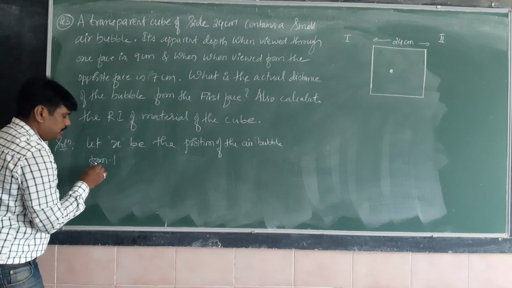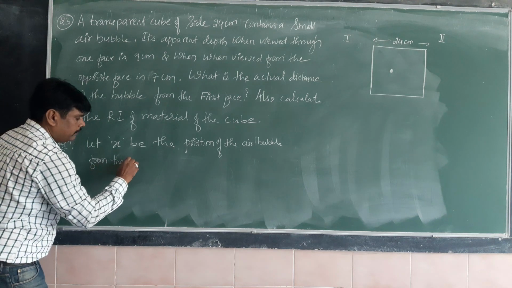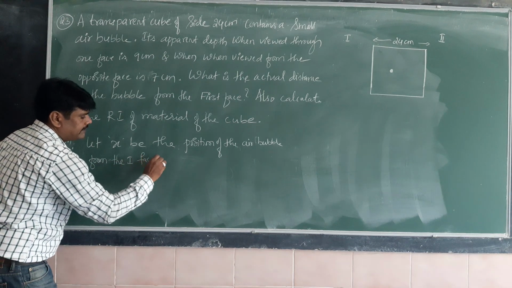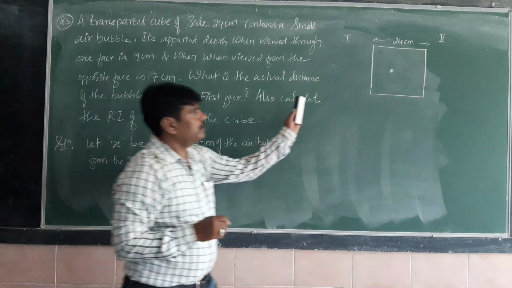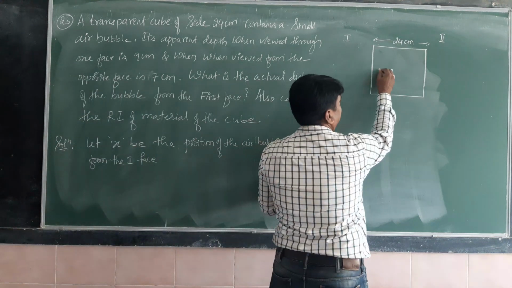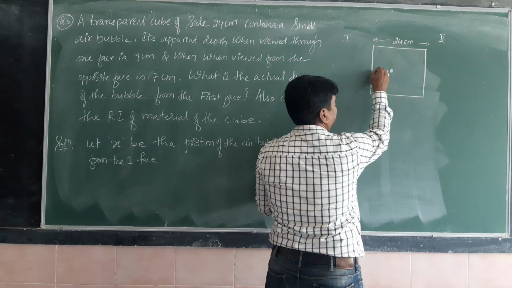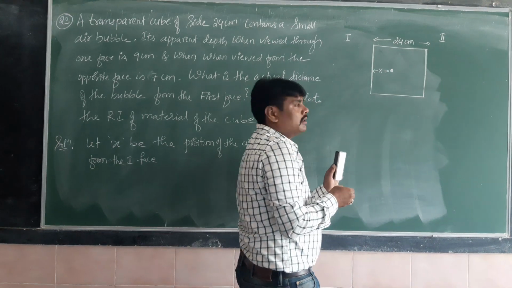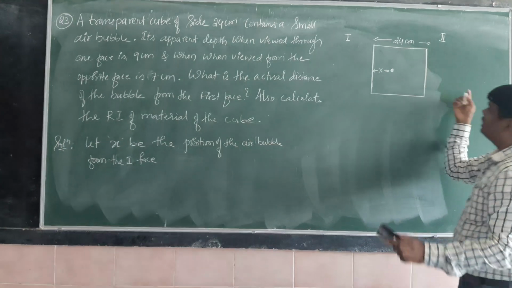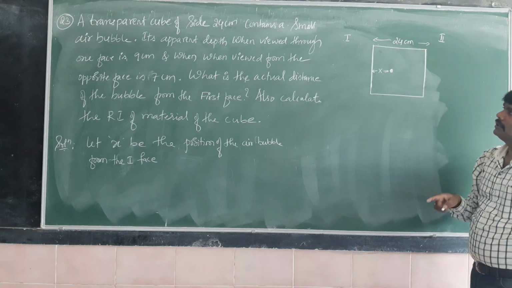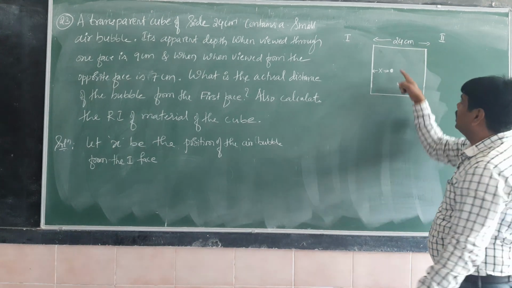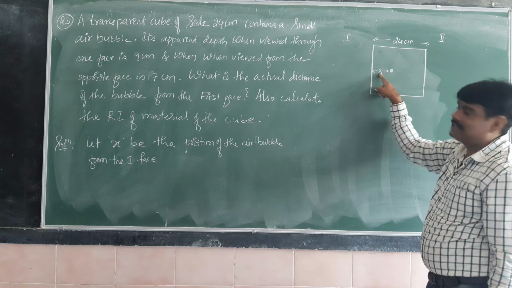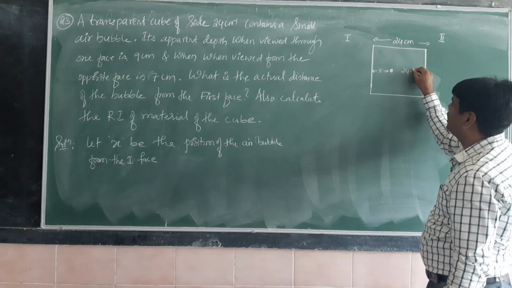This is the actual position from the first phase. So from here to here is x. Let us consider this value is x. Right. Suppose if you are observing from this side, what will be the actual position? It will become 24 minus x. Isn't it? It is 24 minus x.